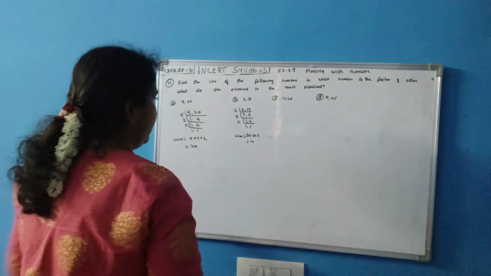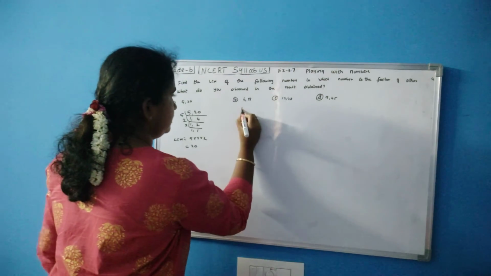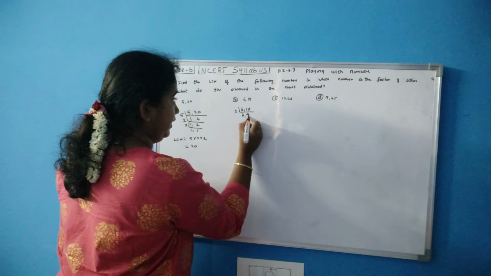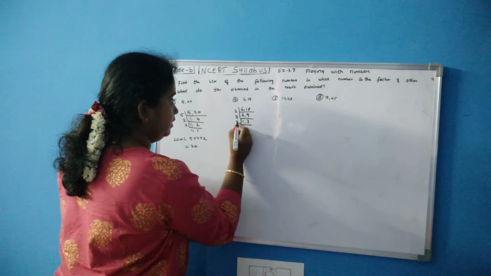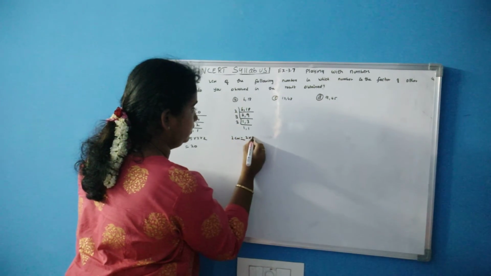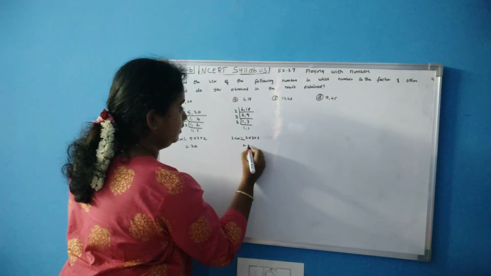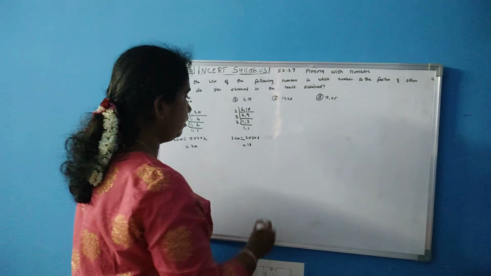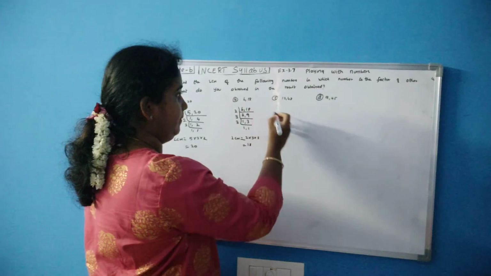You have to take the least common multiple. 6, 18. 2, 3 2s are 6, 9 2s are 18. 3, 1 3 is 3, 3 3s are 9. 3, 1, 1. So LCM is equal to 2 into 3 into 3. That is nothing but 2 3s are 6, 6 3s are 18. So you can find LCM is one of the given numbers.